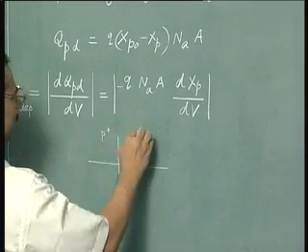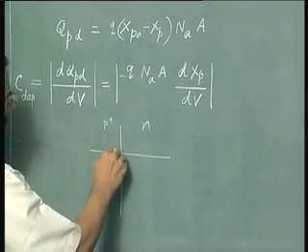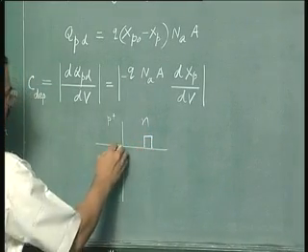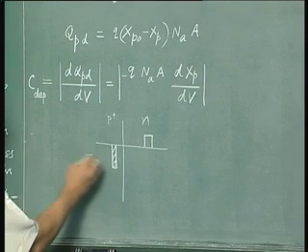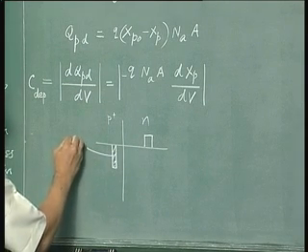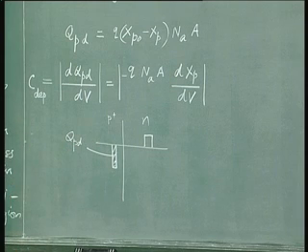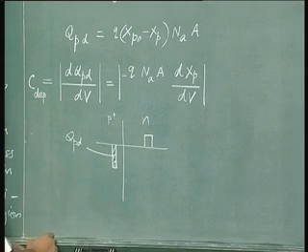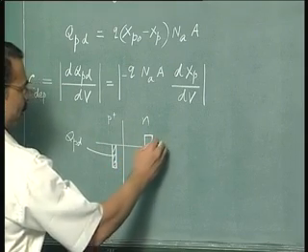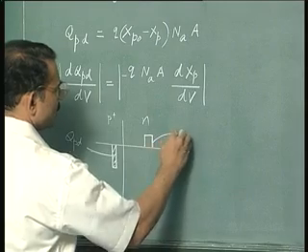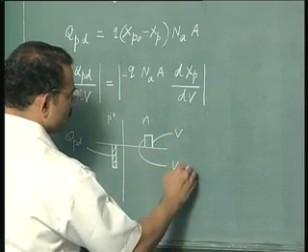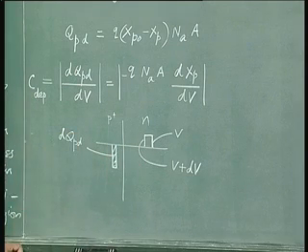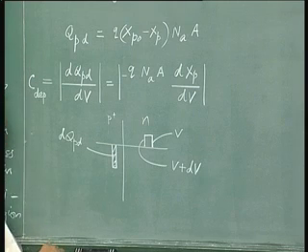So this is the p plus side, this is the n side, this is the p-n junction, this is the incremental hole charge, and this is the incremental electron charge. So this is the so called Qpd. Now if you take this increment between any two voltages, so that this edge corresponds to voltage V and this edge corresponds to V plus dV, this is the increment dQpd because of increment dV.